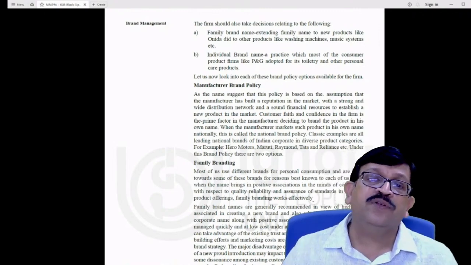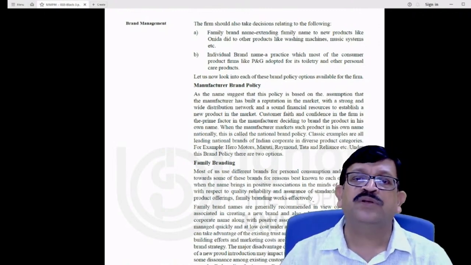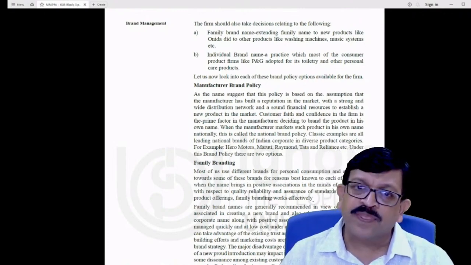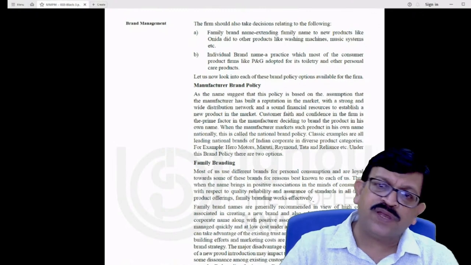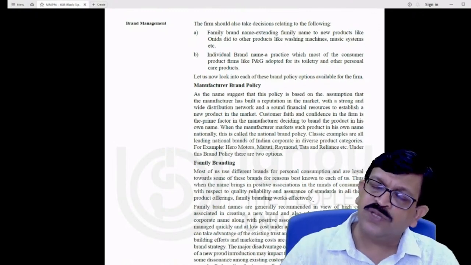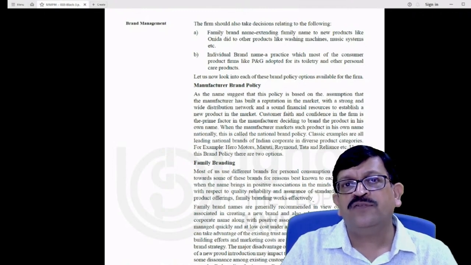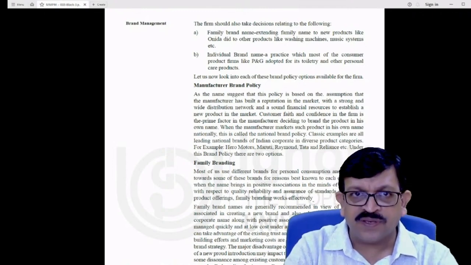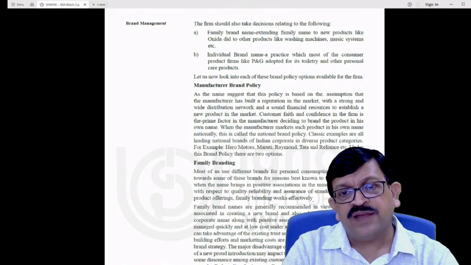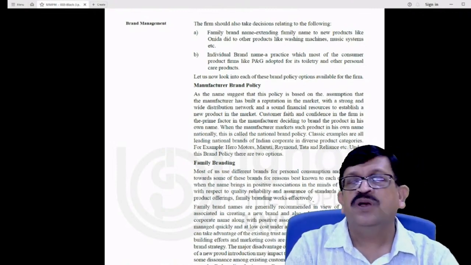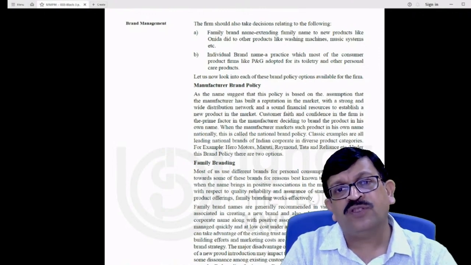For example, when you talk about Hero Motors, Bajaj, Raymond, Tata, Reliance, Adani, the kind of reputation the company has, having utilized the resources and built a very strong, powerful name for themselves in the businesses, does have a positive rub off, and of course the financial resources too have a positive rub off on the market.